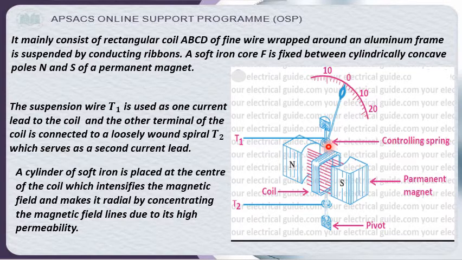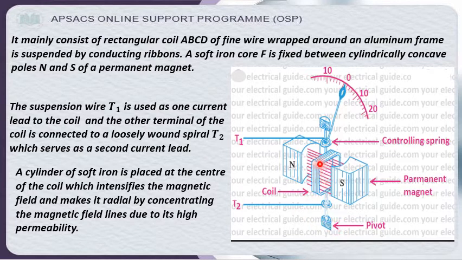There are 2 springs, number 1 known as the controlling spring. Then with the help of a mirror, there is a pointer placed. On the other side, there is another spring known as T2, and then this is a pivoted point.